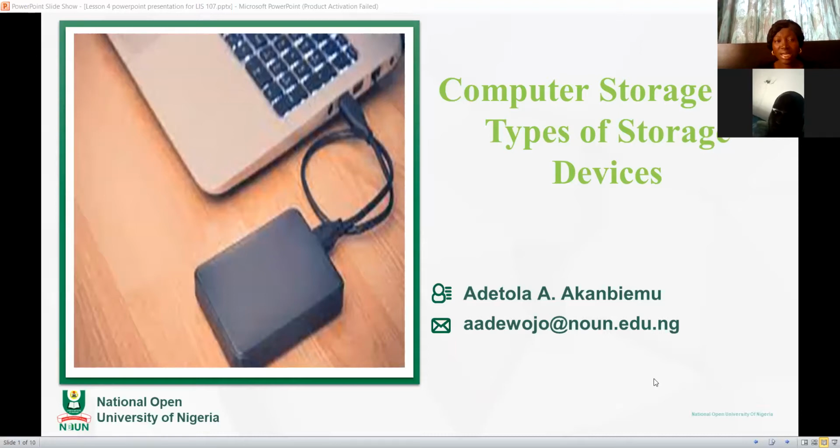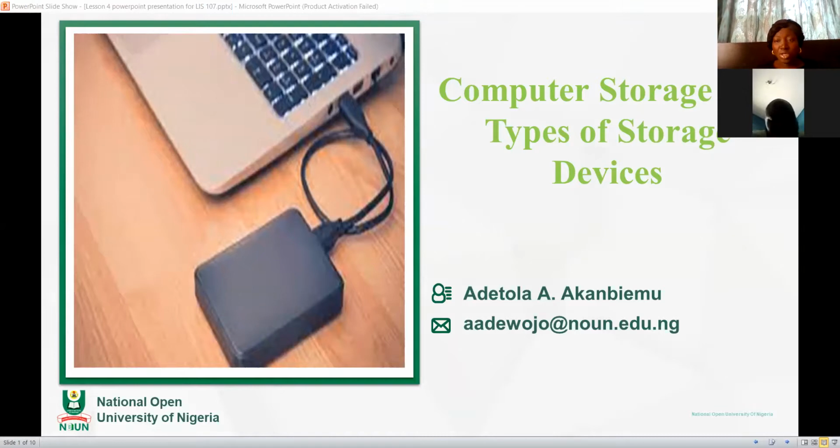But like I said earlier, this course is a simple course. It's a course that some of us should be familiar with, as long as you make use of a computer in your house, in your office, in school. There are things that you'll be conversant with. So we'll be talking about computer storage and type of storage devices.